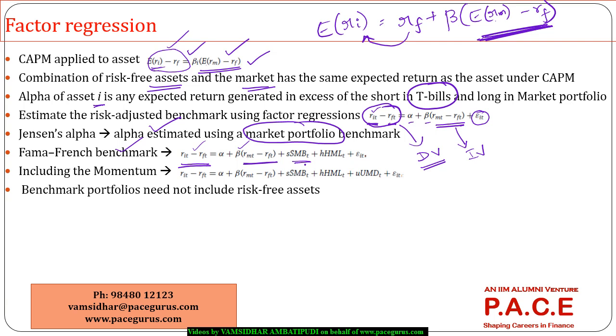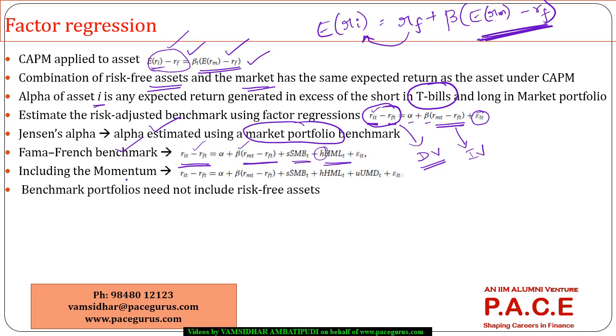Similarly, for each period, we are talking about the difference between the small returns minus the big returns, with S as the coefficient for the same. Similarly, high minus low. Again, for each period we are considering the high minus low returns, and H being the coefficient for the same. So this is what we are calling a Fama-French benchmark.